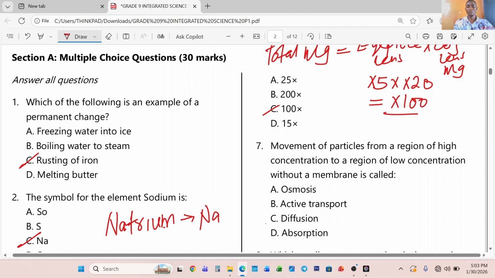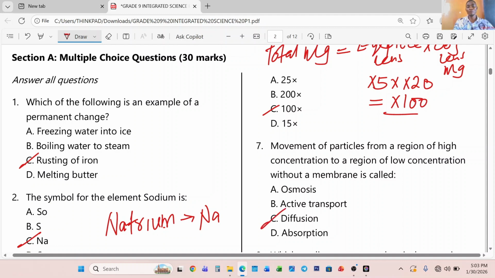Active transport, movement of materials against the concentration gradient, moving from low to high across a semi-permeable membrane by use of energy. Absorption involves movement of materials but not from a region of high to low. This is done by structures for absorption.